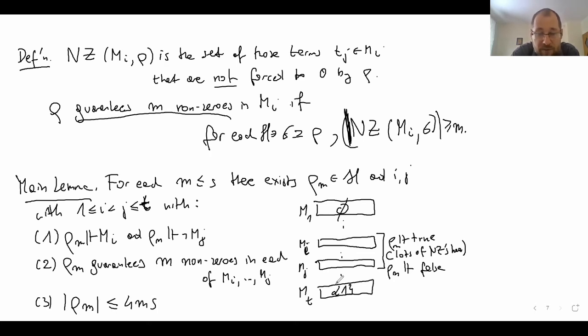So what is our assignment rho 0? This is actually determined by the conditions of the lemma. You can look at condition number 3 in the lemma.